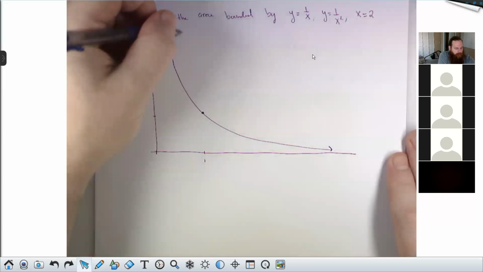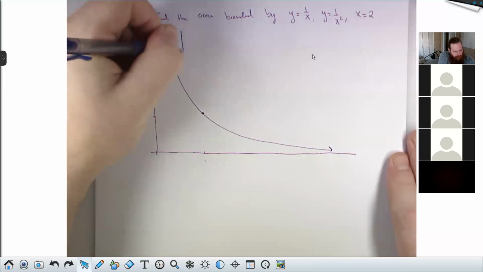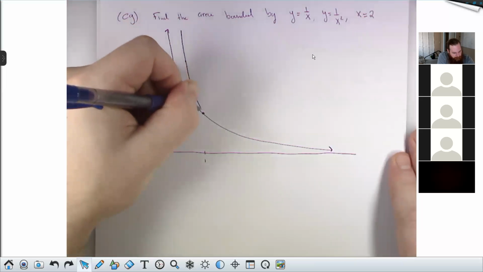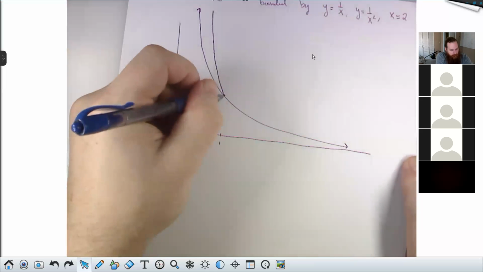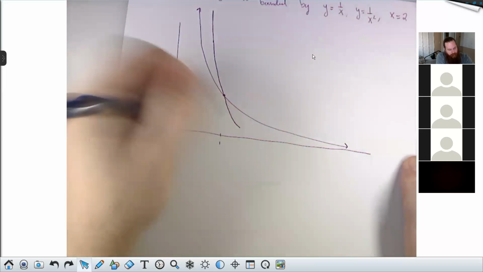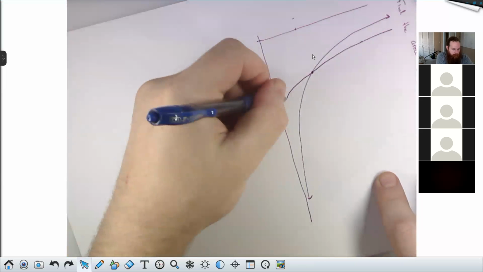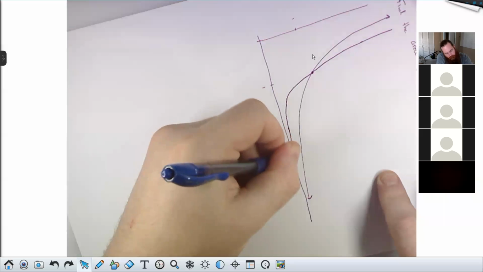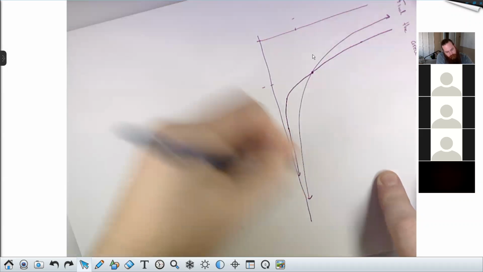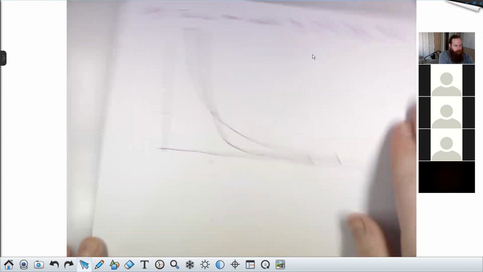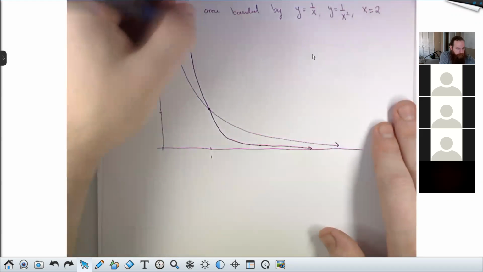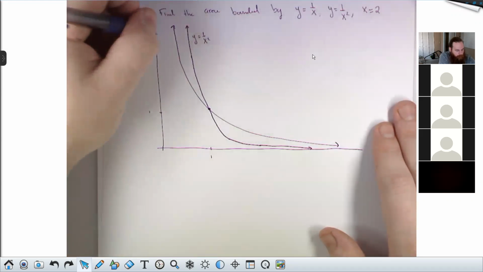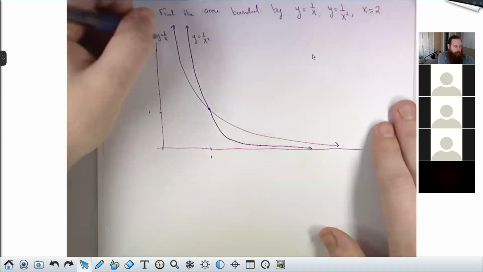So 1 over x squared starts out above. I'm going to butcher this picture, but I'll do my best. But then he dives down towards the x-axis much faster as you wander off to the right. Okay, so here's y equals 1 over x squared, and here's y equals 1 over x.